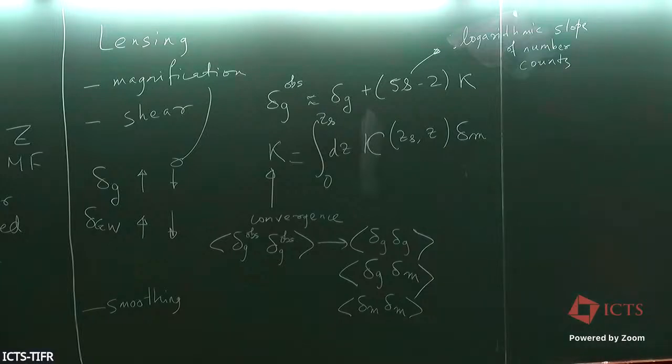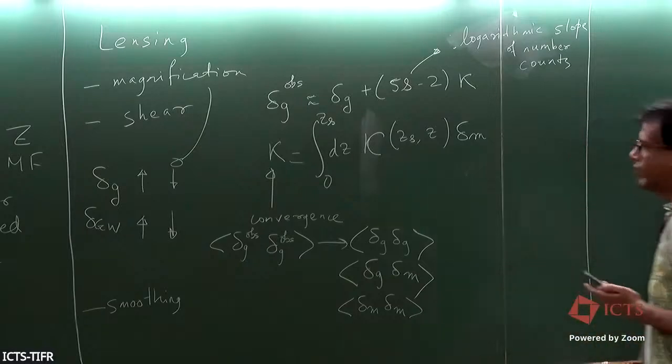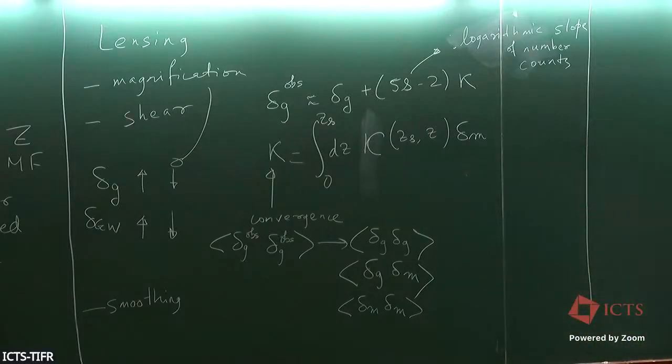So in the rest of today's lecture, what I wanted to do is talk about some other effects which can play an important role in trying to measure these correlation functions.